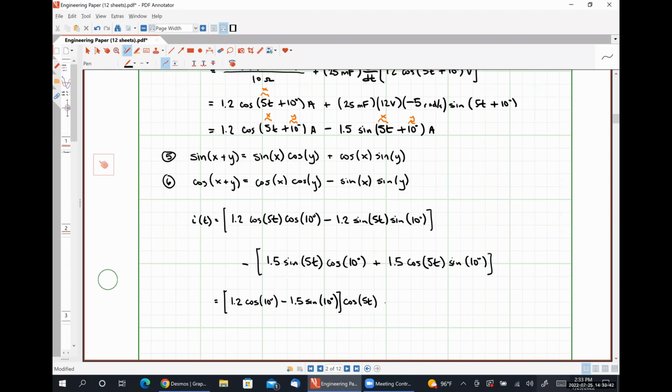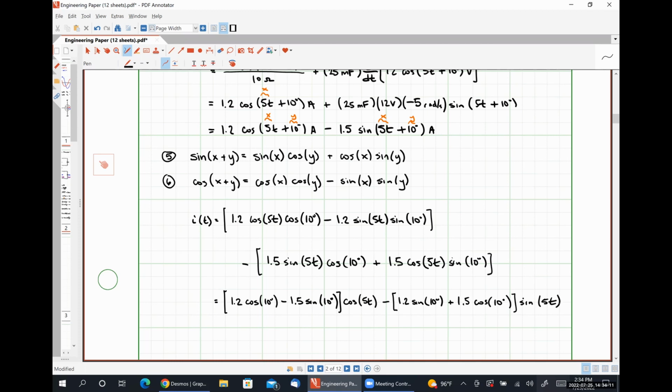And then I have a factor of negative 1.2 sine 10 degrees plus 1.5 cosine 10 degrees multiplied by the sine of 5t.